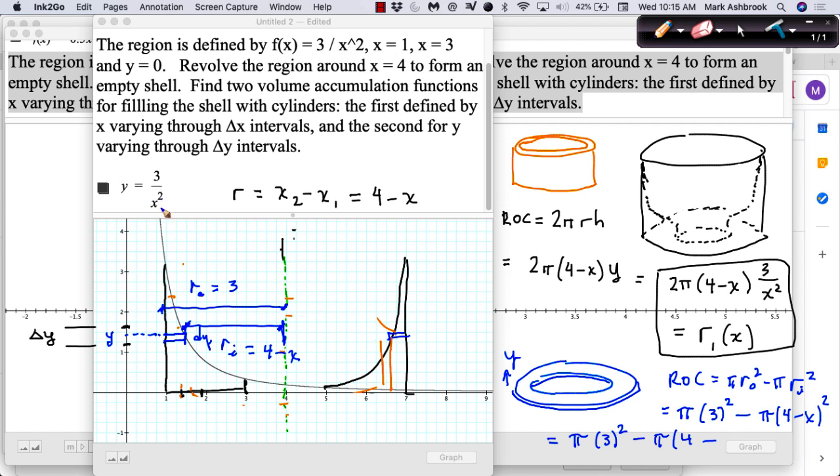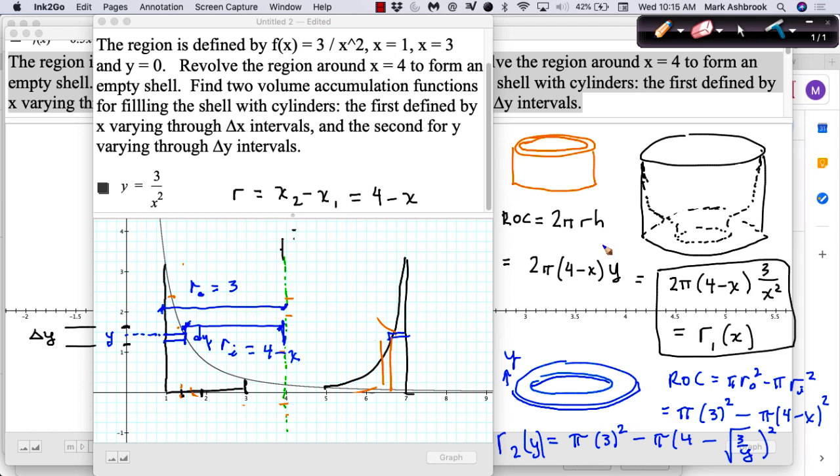Yeah, square root of 3 over y. And solving for x, you get that, and 4 minus that whole thing squared. So there's the rate of change function. That's R2 of y, the second rate function, if you use y as the independent variable.